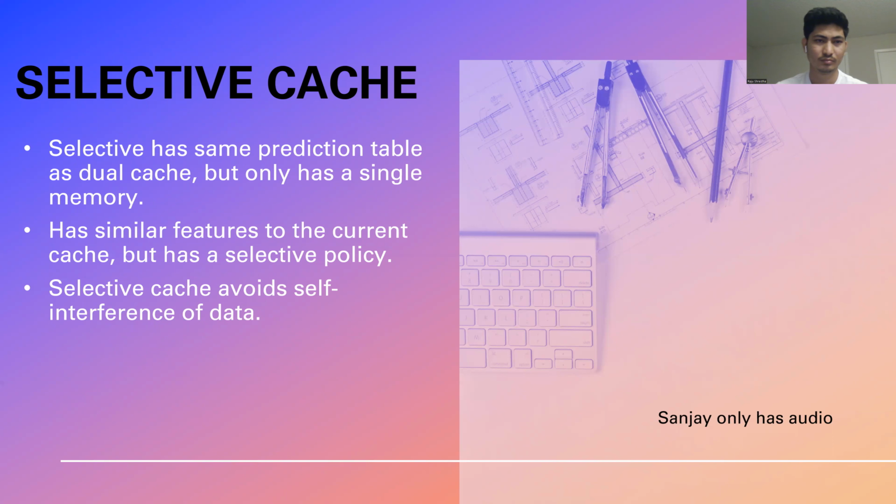Selective cache has the same prediction table as dual cache, but only has a single memory. It has similar features to the current cache, but has a selective policy. Selective cache avoids self-interference of data.